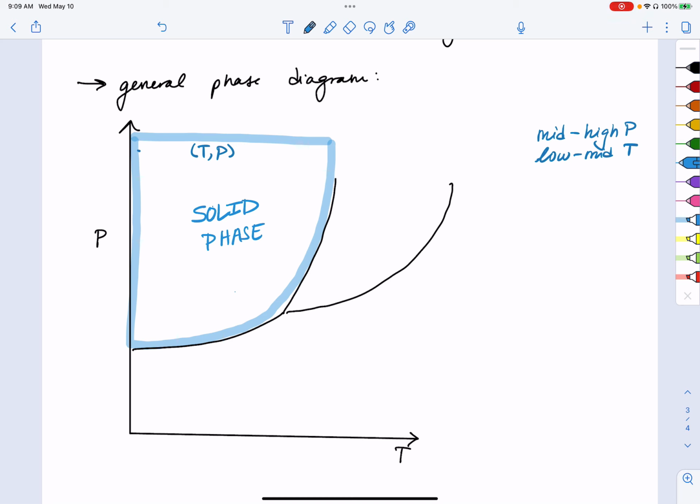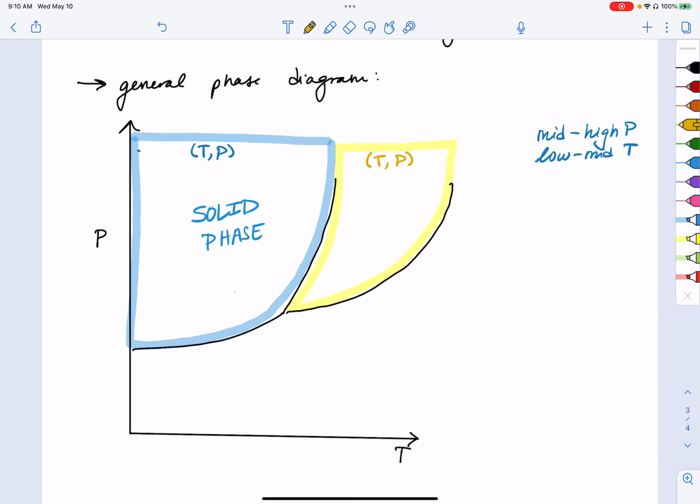Okay, let's do something similar for this region of the curve. Again, these are all different temperature and pressure points. I could identify a point in this region that would be associated with some temperature and some pressure, right?